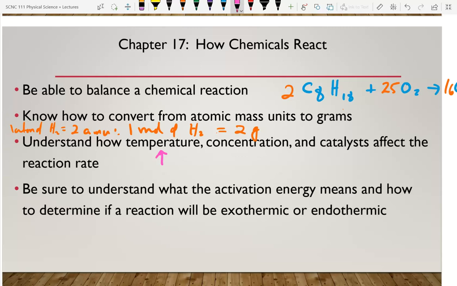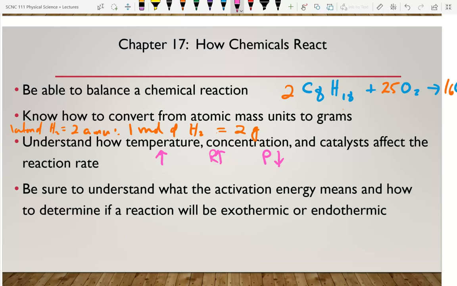If the concentration of your products is high, it's going to slow the reaction rate down, if not stop it. If the concentration of your reactants is high, it's going to speed it up. So it has to do with which side has the higher concentration.